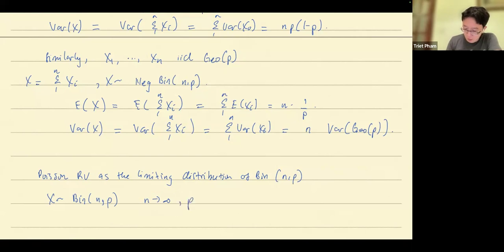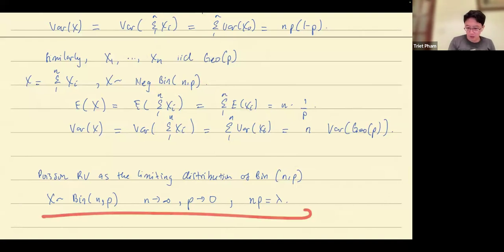You also have p going to 0. That's the second important thing. And one more thing: in such a way that n times p, this product, is fixed. It's always lambda. So what are we talking about? This exactly is a description of what we mean by rare event.